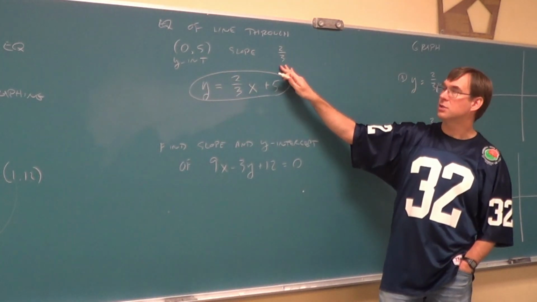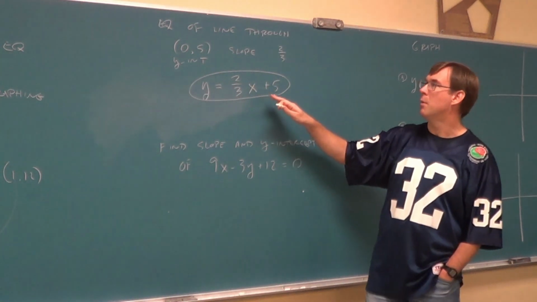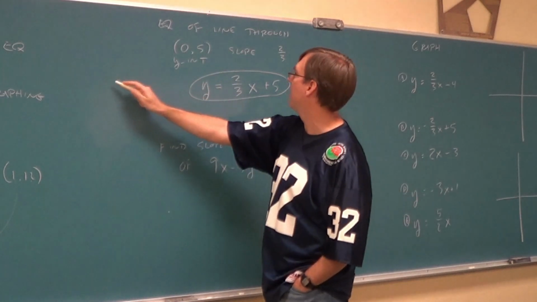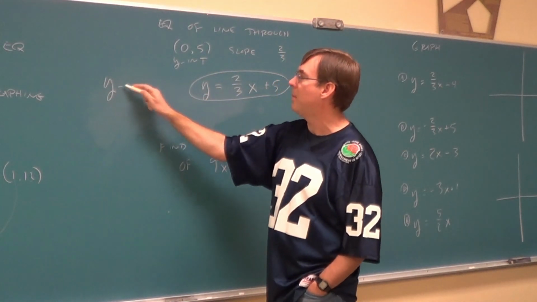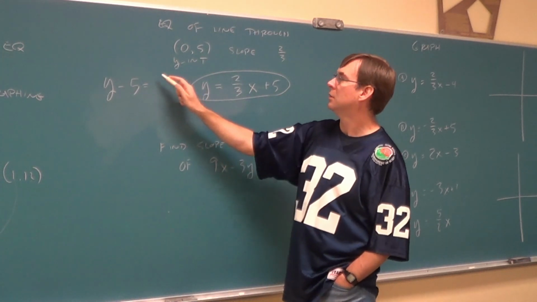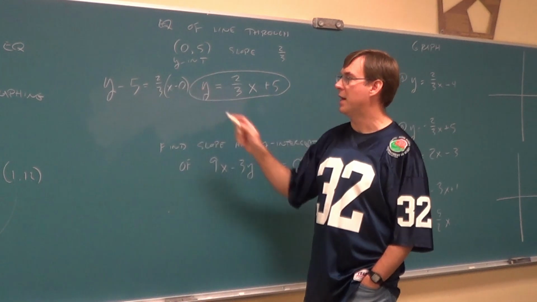If you did point slope form, would you end up there? Yes, it would just take you a minute. Let's just do it anyway. We go y minus 5 equals 2/3 times x minus 0.